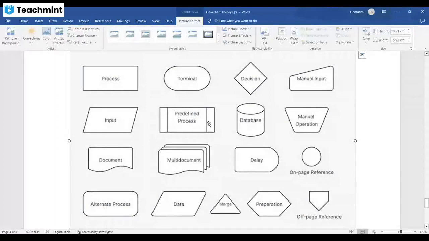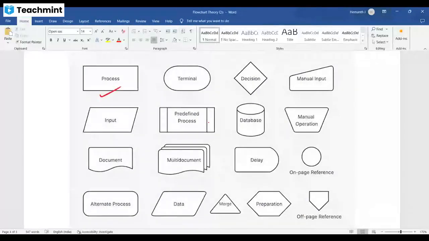Rectangle is for processing, for input and output, for decision. This is almost what they asked so far. For alternate process, rectangle is for process. This shape, alternate process, is for data, merge and so on. For delay, this is the shape they use. I think one of the questions they asked was for delay. For predefined process, just have a glance, it might be useful for you.